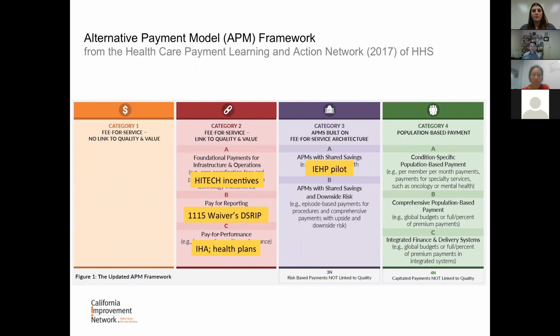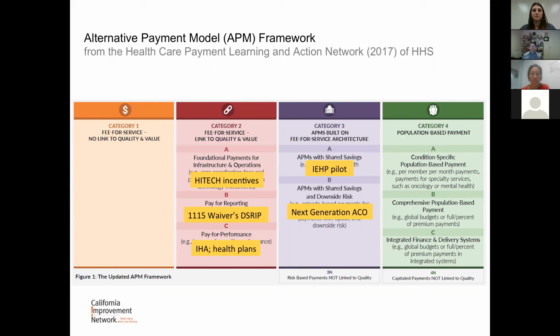There's other good examples in the commercial market where it's been more common longer. And then downside risk, if you know about accountable care organizations, the next generation version of ACOs do have this particular payment model in play.